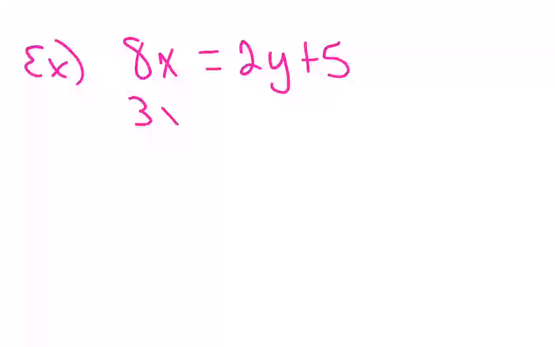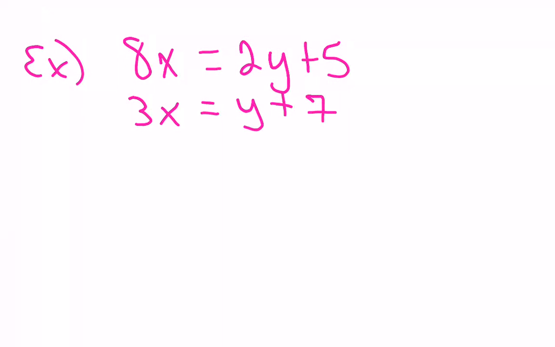Next example. We're going to solve the system by using the substitution method. So here is our system that we're going to work with: 8x equals 2y plus 5, and 3x equals y plus 7.